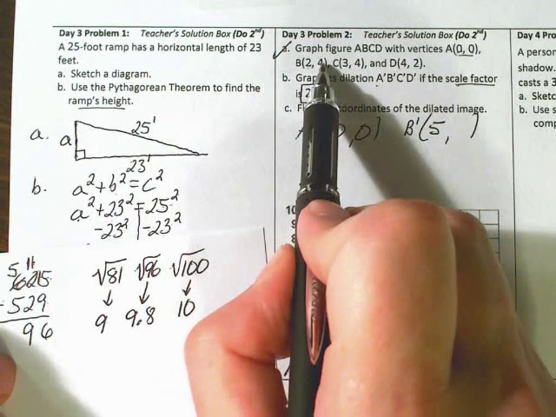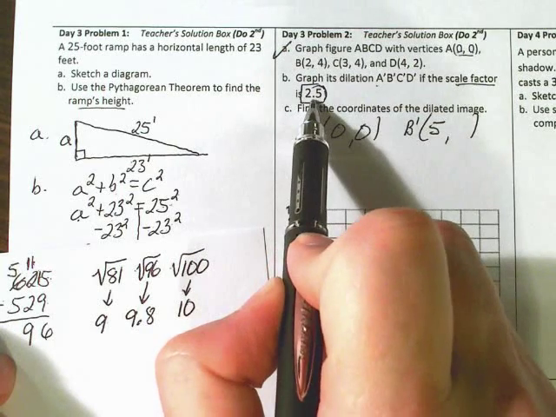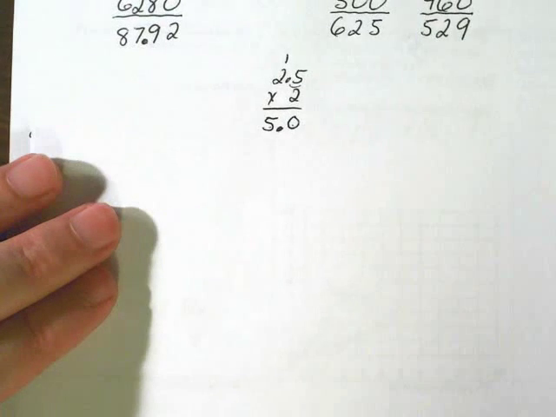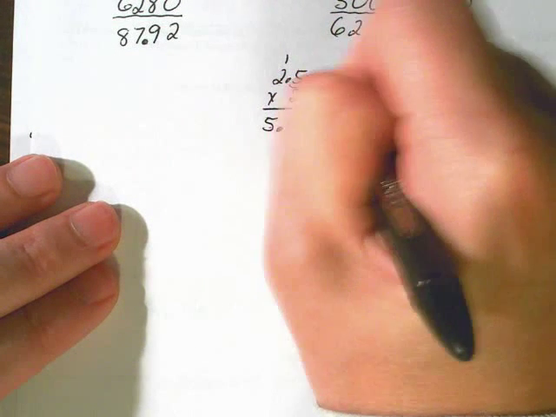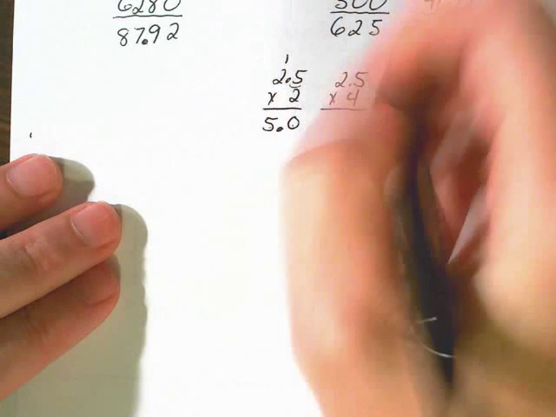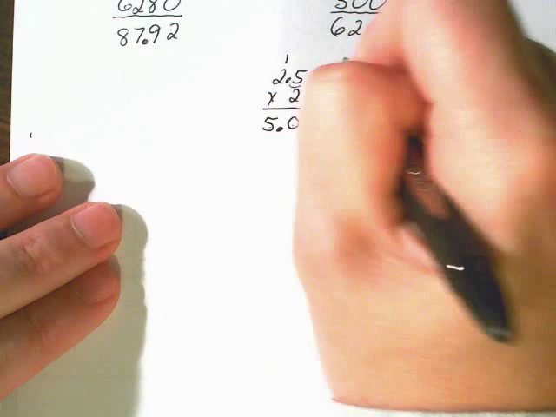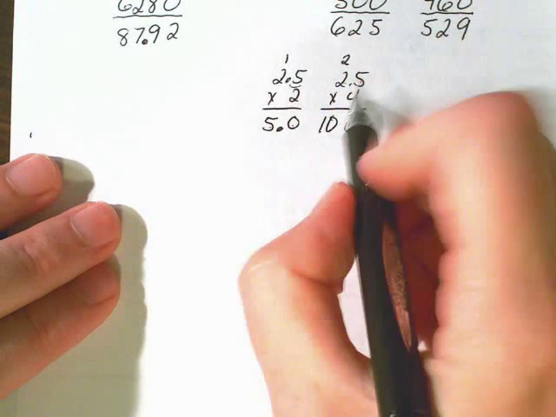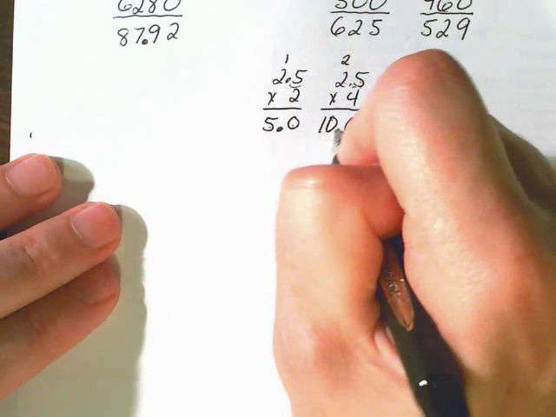Now for the y-coordinate, how about 4 times 2.5? Scrap paper again. 2.5 times 4. 5 times 4 is 20, carry 2. 2 times 4 is 8, plus 2 is 10. 1 digit to the right of the dot, 10.0, or just 10.